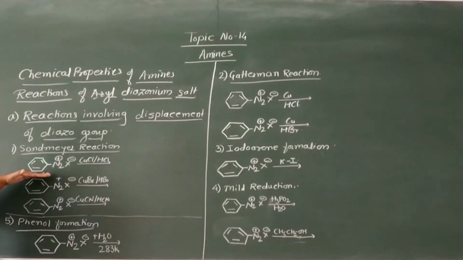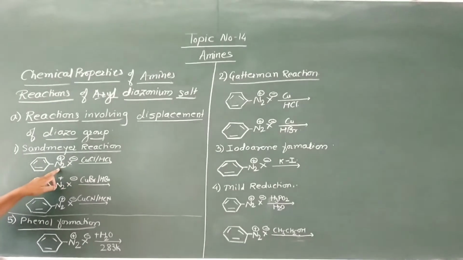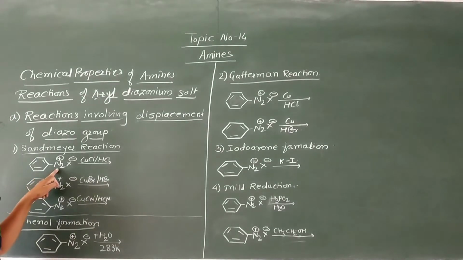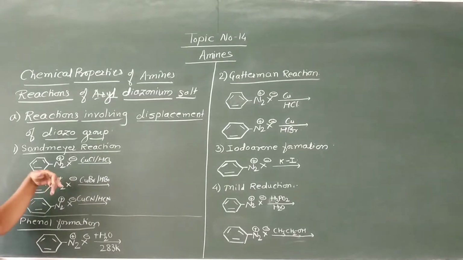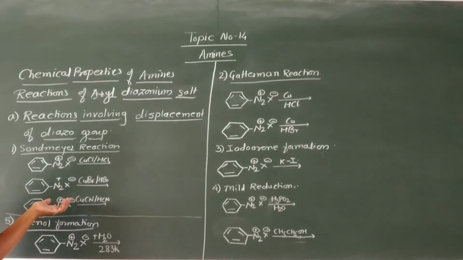Now here this aryl diazonium chloride possesses N2 positive X minus group, which is a good leaving group, and therefore this nucleophile is substituted by another nucleophile to form a variety of products.